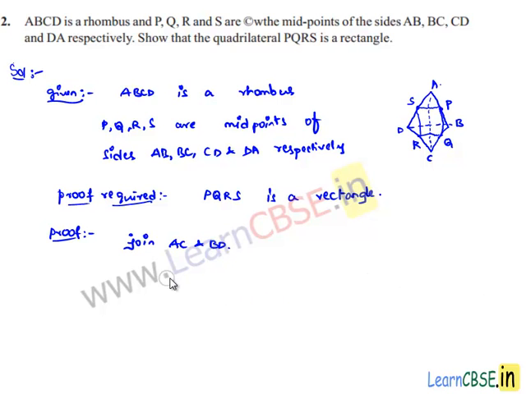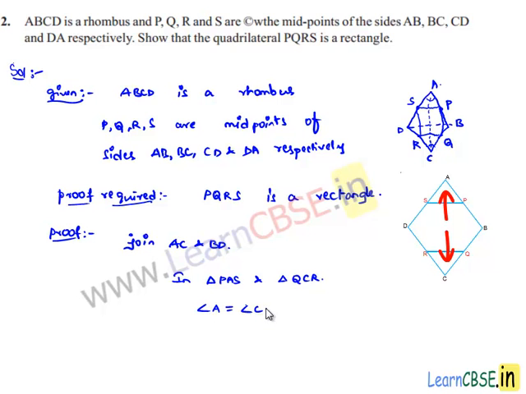Now, let us consider the triangles, triangle PAS and triangle QCR. In these both triangles, angle A is equal to angle C since opposite angles in a rhombus are equal, and also AS will be equal to QC.